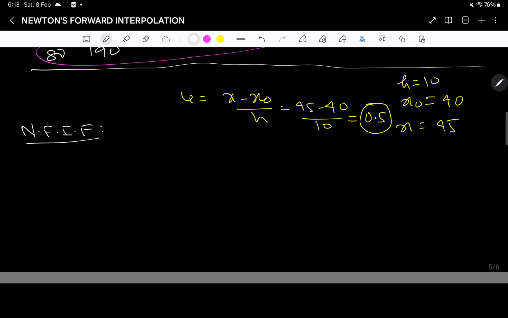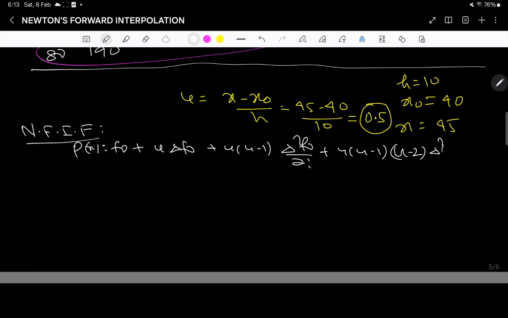So my Newton forward interpolation formula here, P of x is equal to f0 plus u del f0 plus u into u minus 1 del square f0 by factorial 2 plus u into u minus 1 into u minus 2 del cube f0 by factorial 3. Then the last one u into u minus 1 into u minus 2 into u minus 3, del fourth f0 by factorial 4.